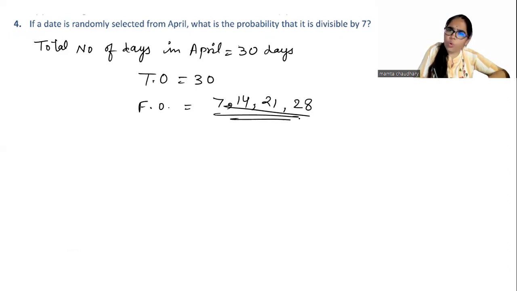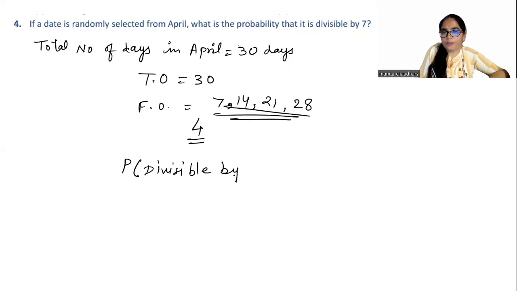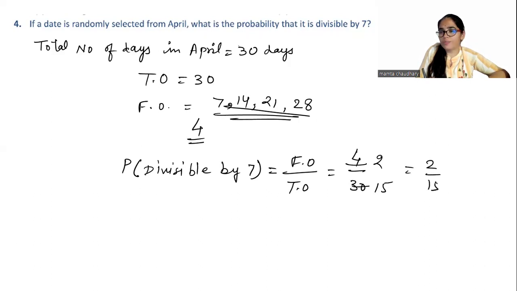There are only 4. So we need to find the probability of getting a number divisible by 7. The formula is favorable outcomes upon total outcomes. Favorable outcomes are 4, total outcomes 30. So 2 times 2 is 4, 2 times 15 is 30. So the answer is 2 by 15. Clear? Now let's move to the next question.